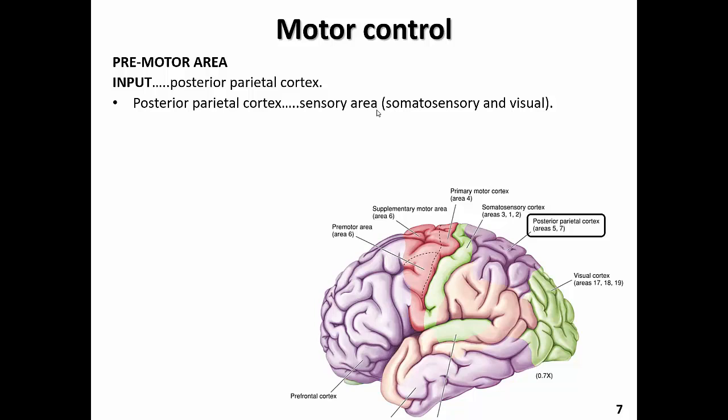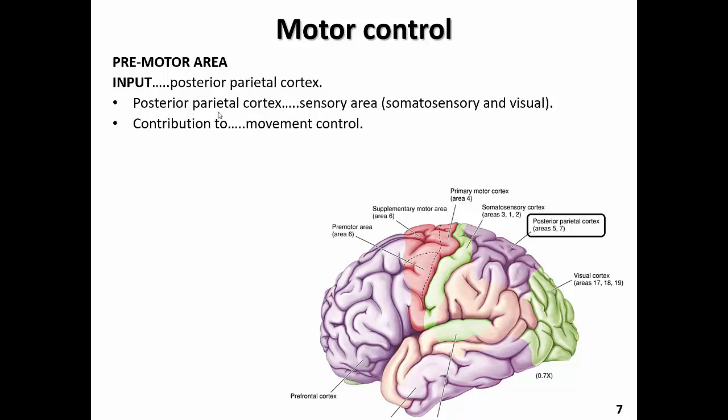So this is the area that does receive input from the somatosensory system, which is involved in the sensation of touch with respect to the external world, but also conveys information related to muscle contraction and limb position, as well as the visual areas that are processed in the posterior parietal cortex.